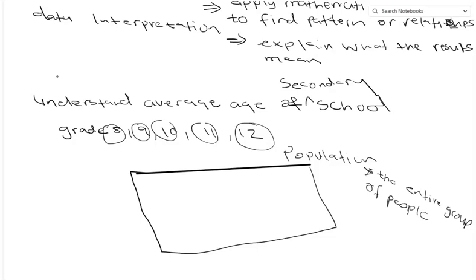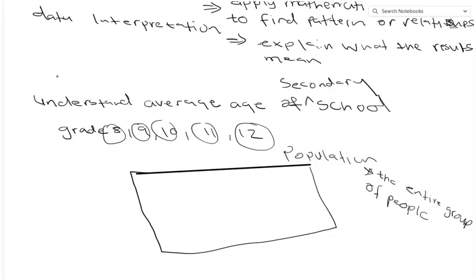So when I say population, I mean the entire group of school learners. If we want to understand the average age of a secondary school, we're going to go to that school, but then we don't have to calculate each and every individual that attended that school.